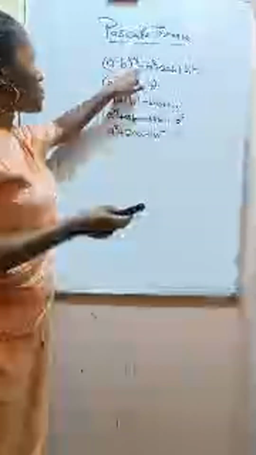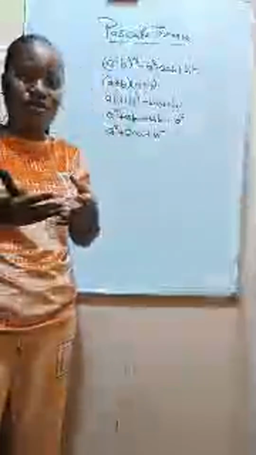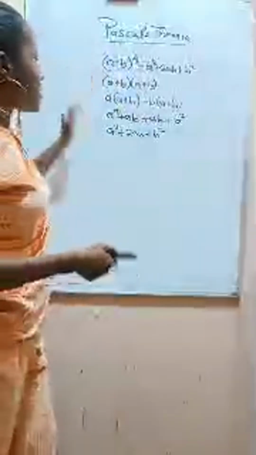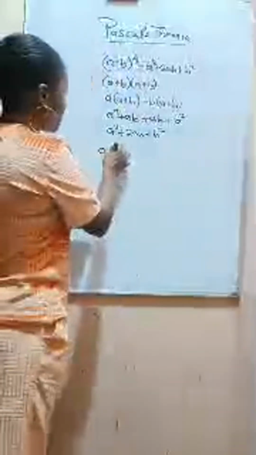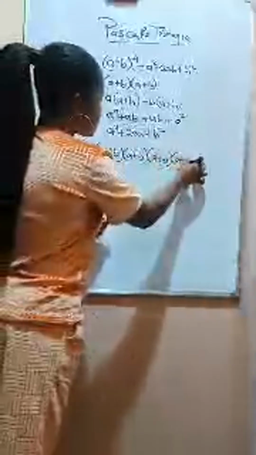Assuming you are now asked to solve (a + b) raised to the power of 4, how will you go about it? This is where the Pascal's triangle comes to play, because if you are asked to do it, that means you need to multiply (a + b) by (a + b) by (a + b) by (a + b).